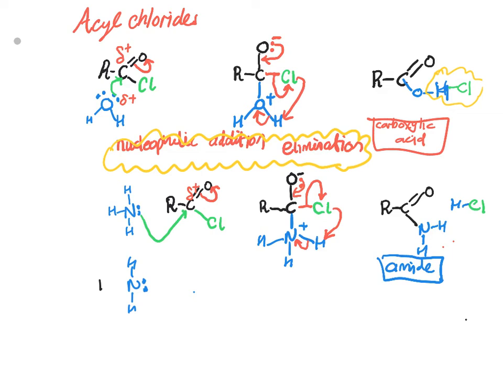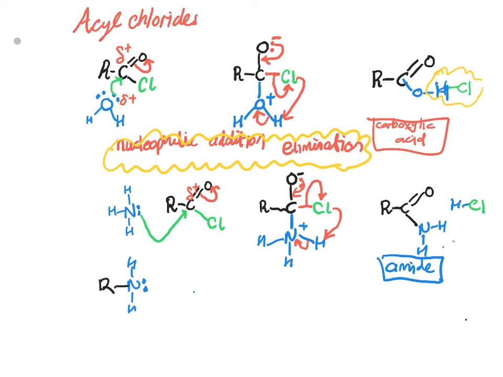Exactly the same mechanism occurs. Here's your acyl chloride, lone pair of electrons will come from the nitrogen and attack that extremely electron deficient carbon. So make sure you put your dipole on the carbonyl group.